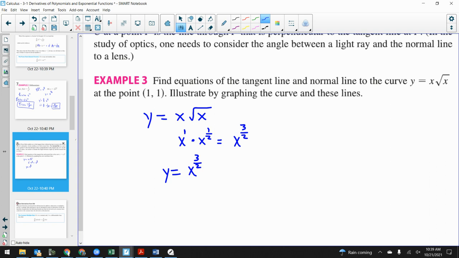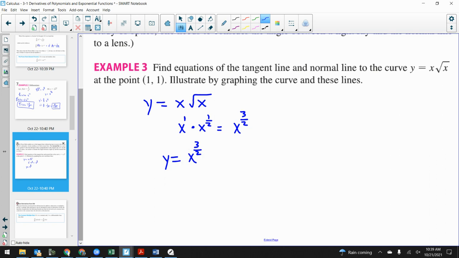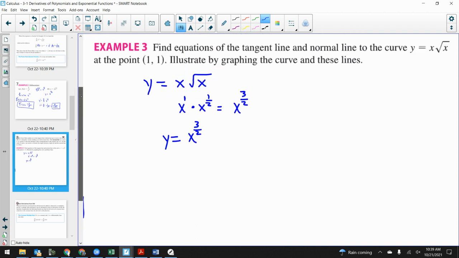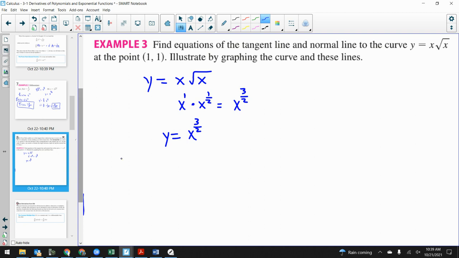So let's find y prime. y prime is going to be equal to 3/2 x to the what? 1/2. Which is essentially 3/2 times the square root of x.